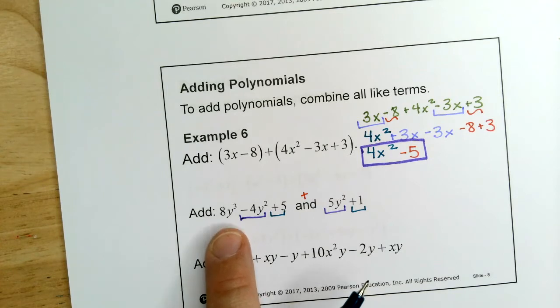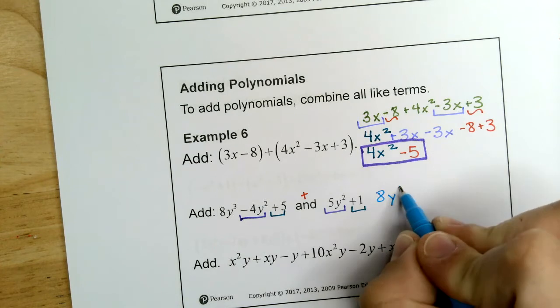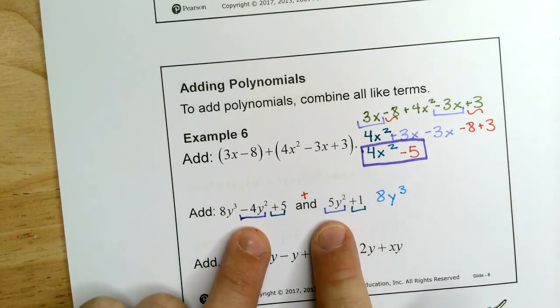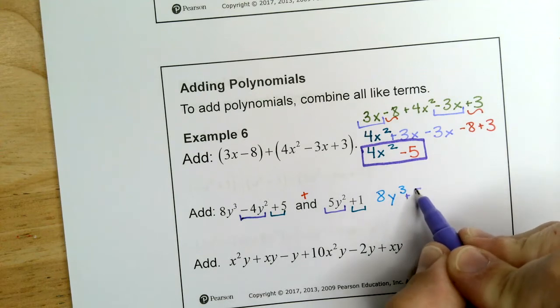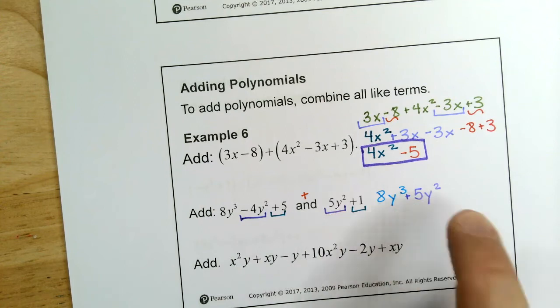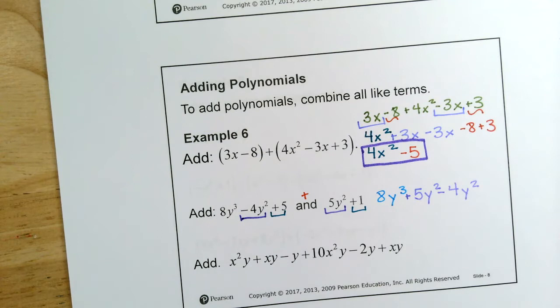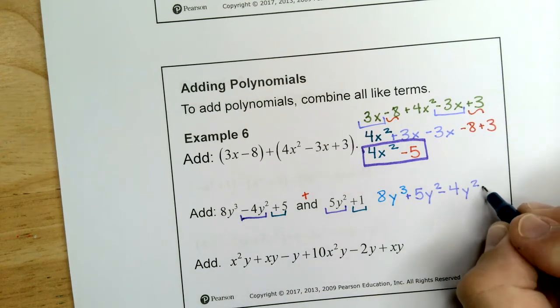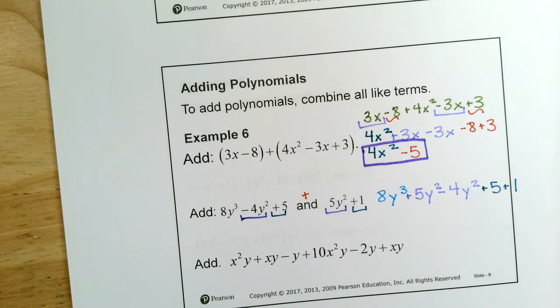This does not have any like terms. So I would rewrite that as 8y to the third, 5y squared, which is a positive. If it has no sign in front of it, it's a positive, so you put a plus, minus 4y squared plus 5 plus 1. Okay, now we're going to combine them.